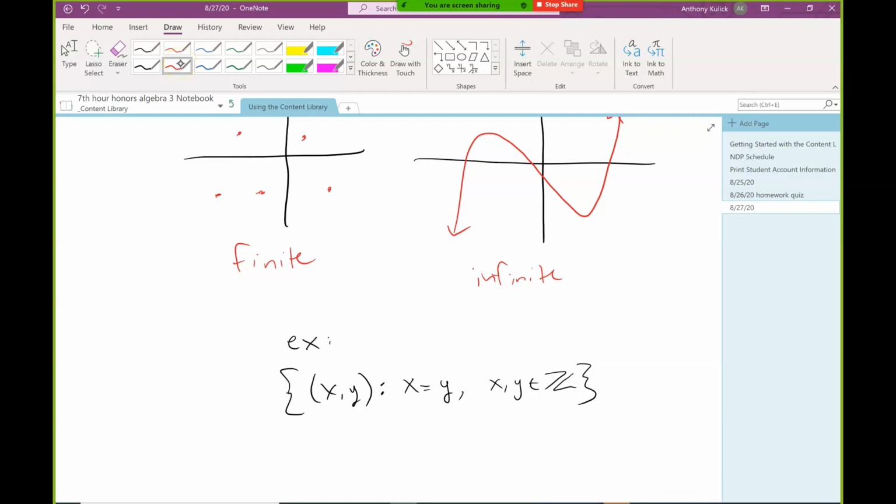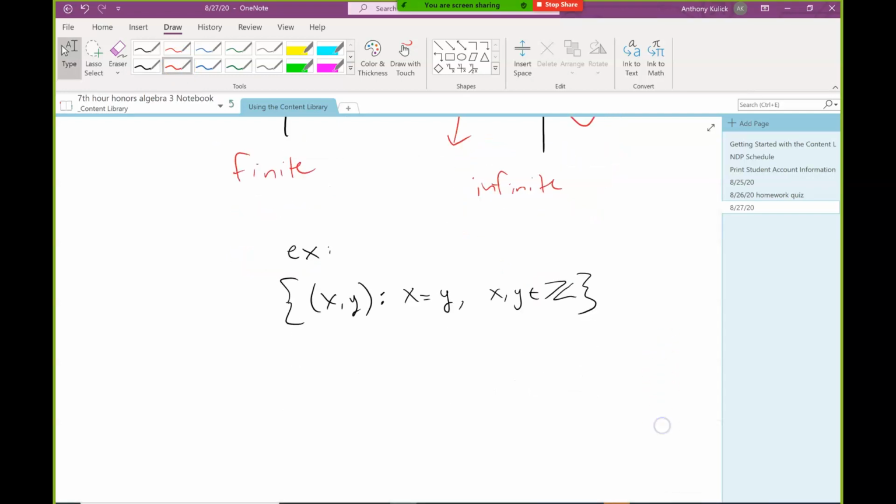So this looks very similar to the infinite relation that we talked about at the beginning, right? What's the only difference between that one and this one? Yeah, the set that the x and y's are coming from is the integers as opposed to the real numbers. Why is that going to make a difference?